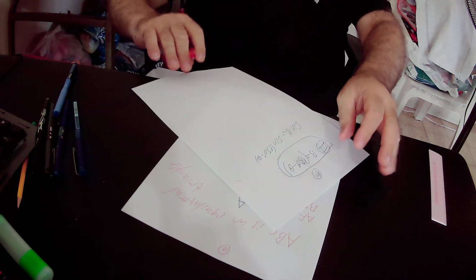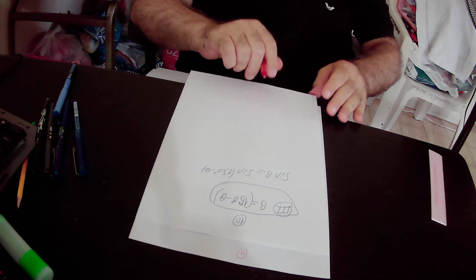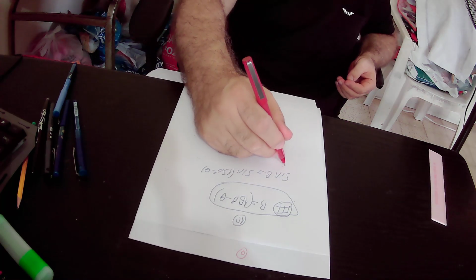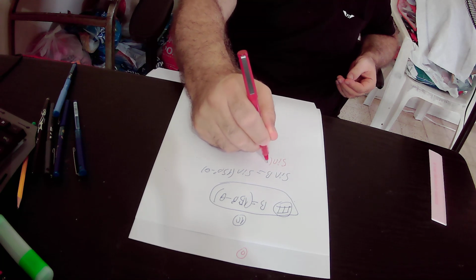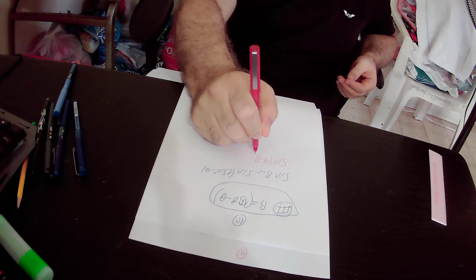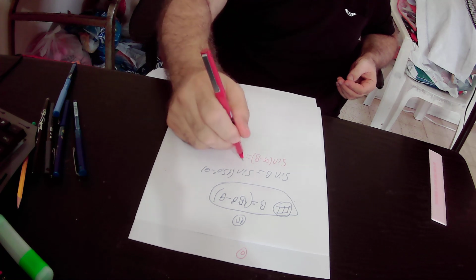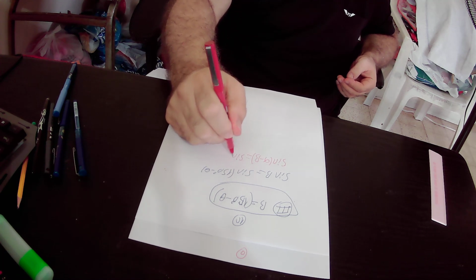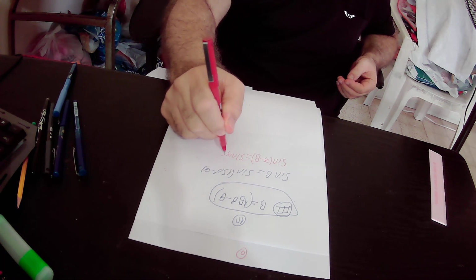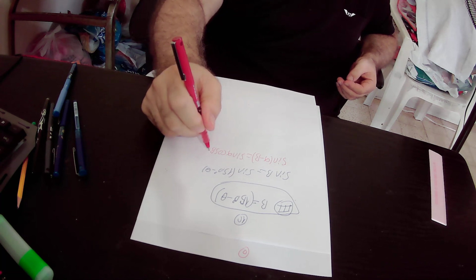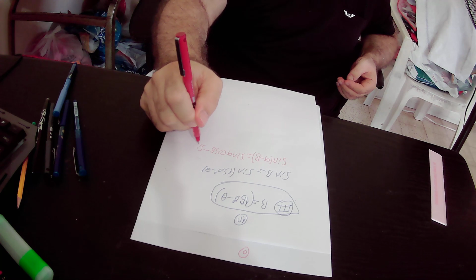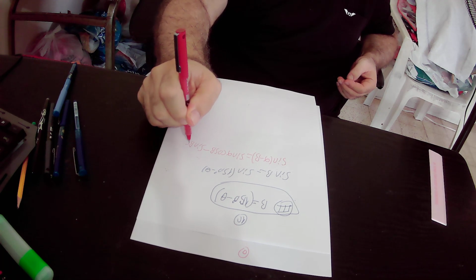According to the second trigonometric identity, the value of sine of (alpha minus beta) equals sine alpha cosine beta minus sine beta cosine alpha.